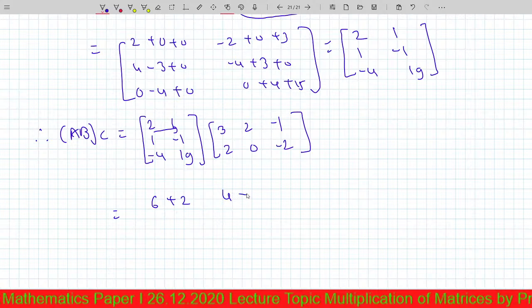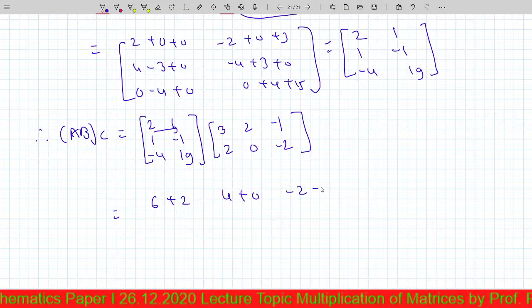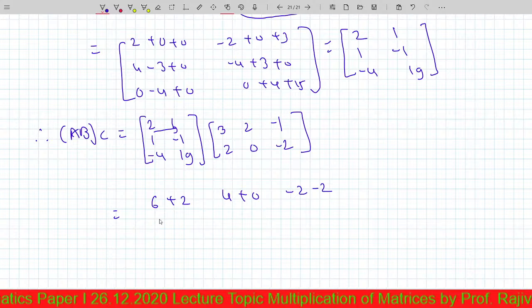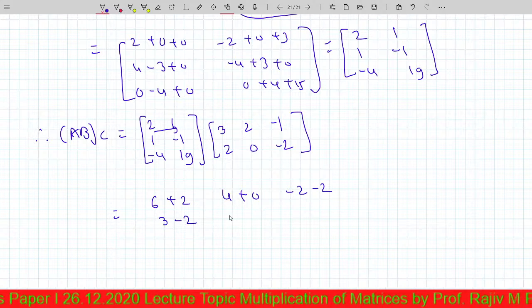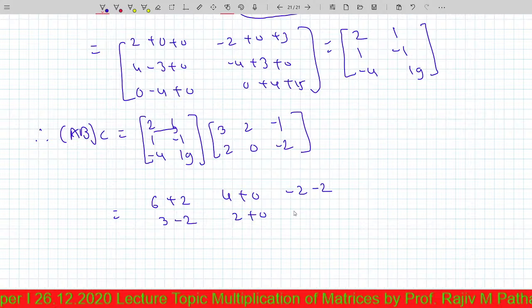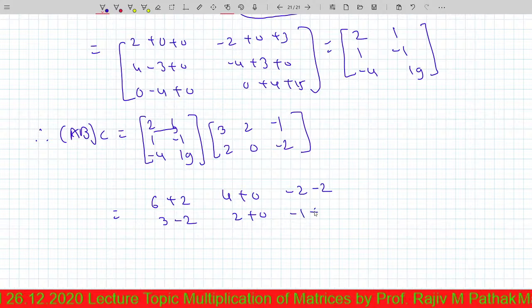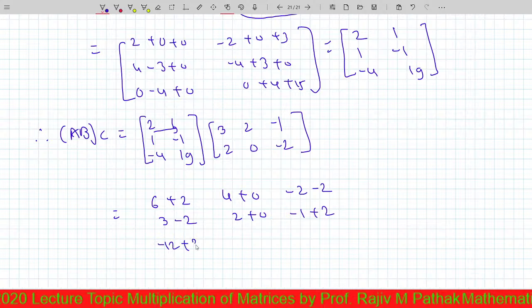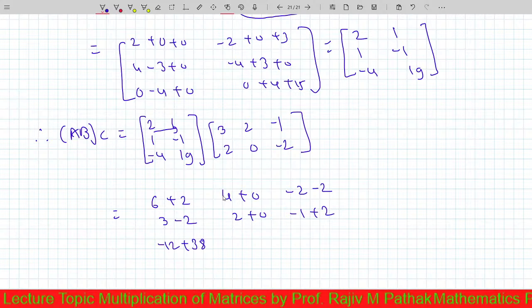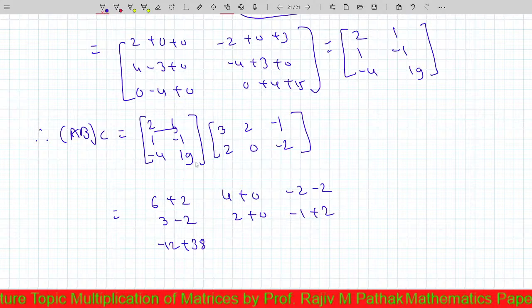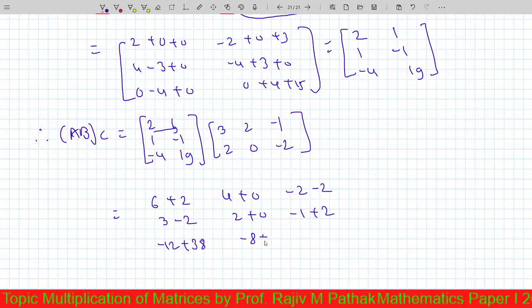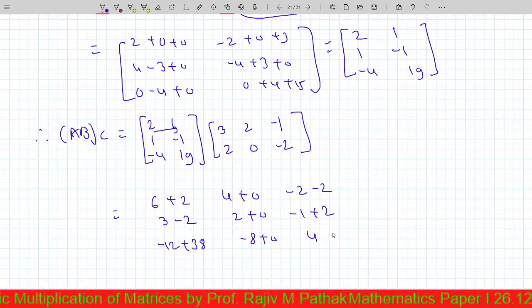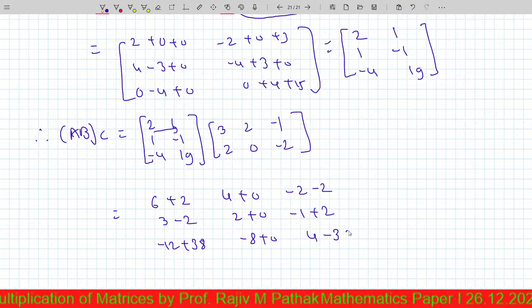Space, 4 plus 0. Minus 2 minus 2. 3 minus 2, 2 plus 0. Minus 1 plus 2. Minus 12 plus 38. Then minus 8 plus 0. 4 minus 38.